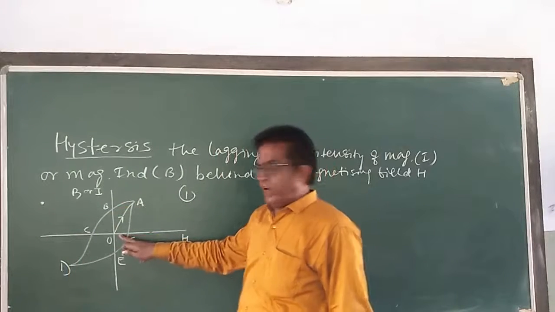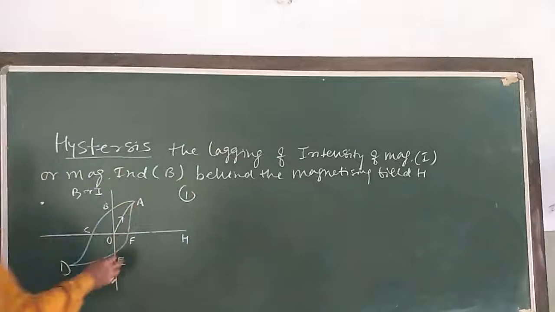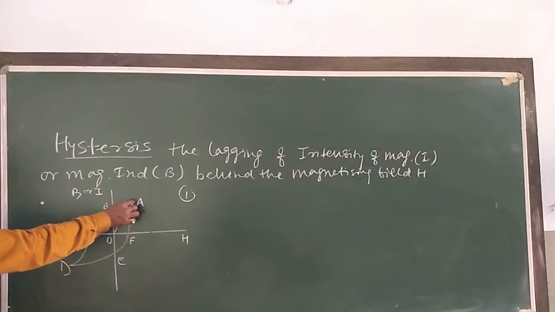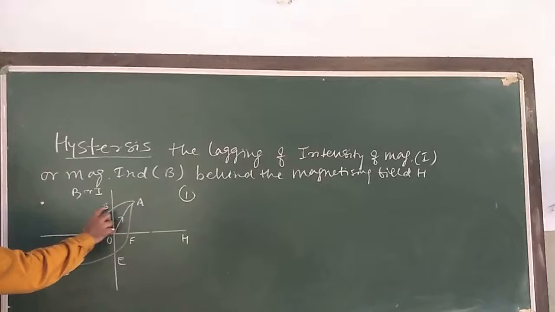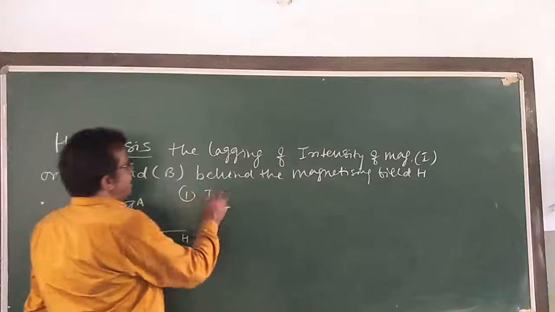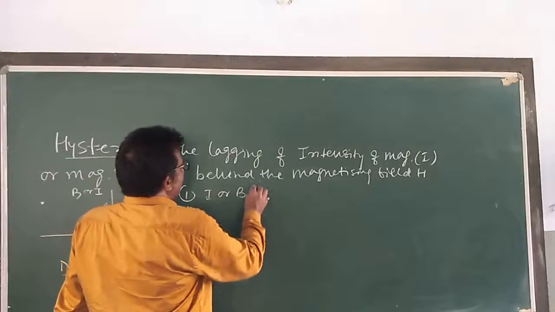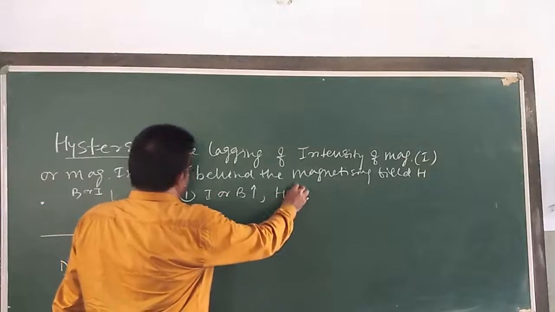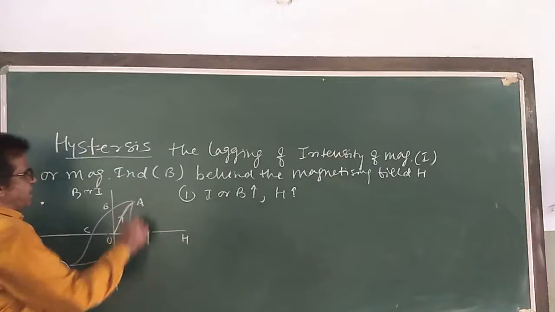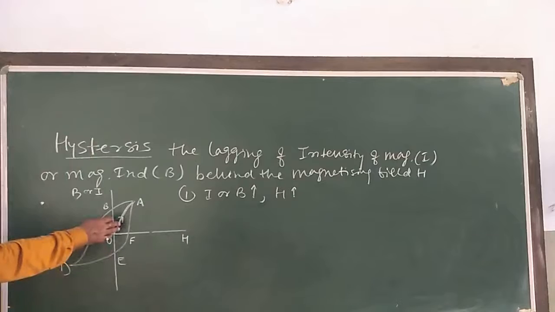Starting from O, the part OA of the curve shows that I or B increases as H increases. As this increases, that increases. See, is it clear?